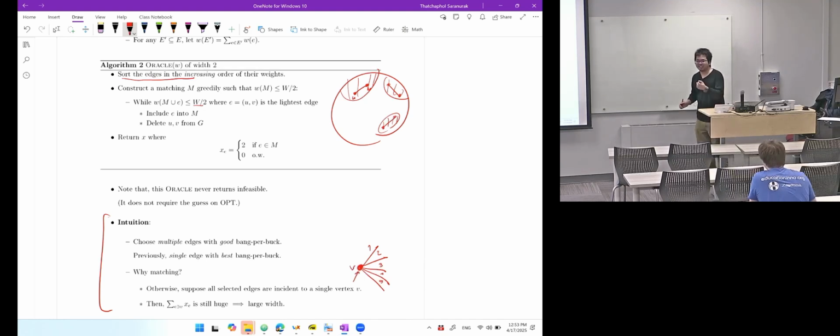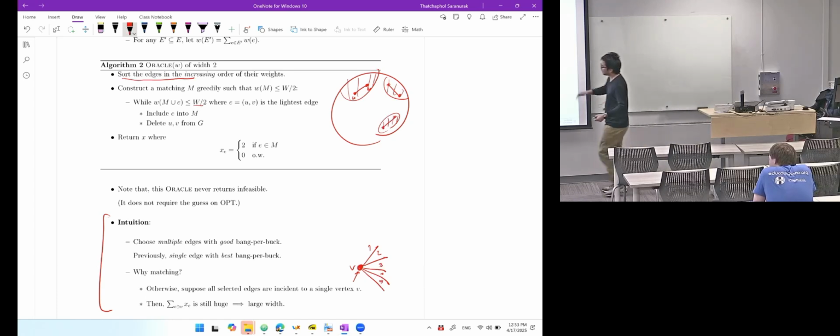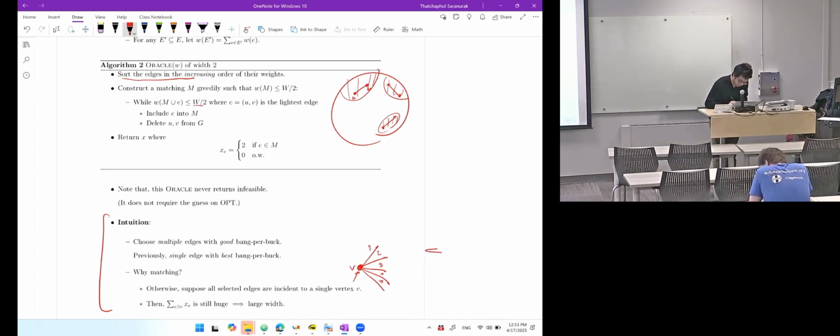Let's say all of them are incident to one node, v. And then I'm going to put the value of 2 on every edge here. So the total x_e on this node can still be big. We want to bound this thing, to be something like 2. But if all the edges I pick are incident to one node, this is going to be big, which we don't want.